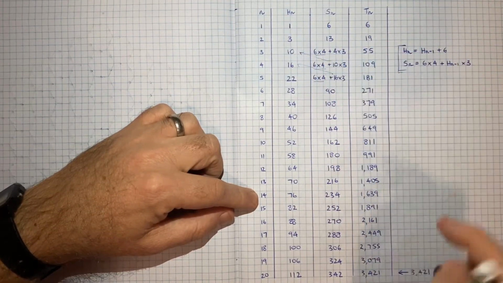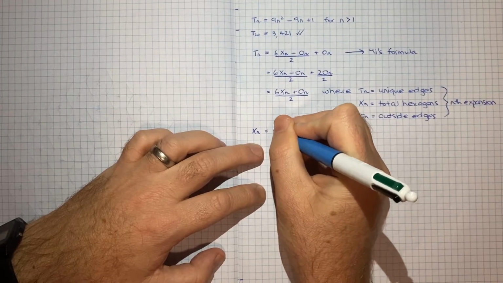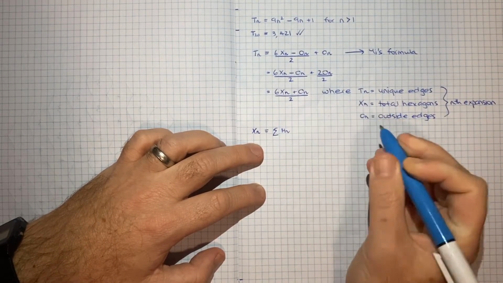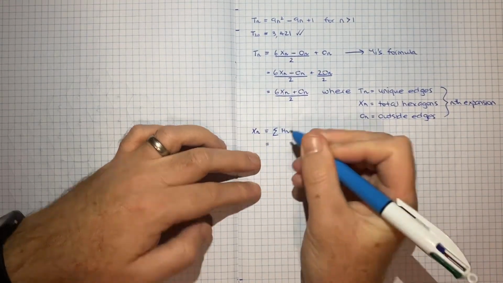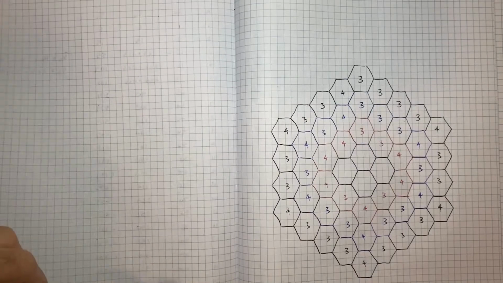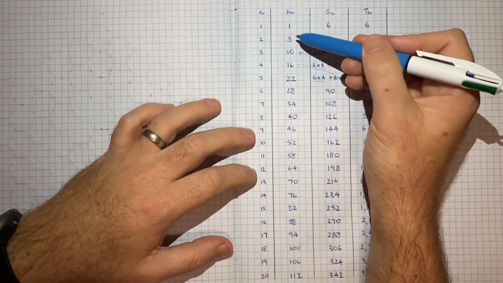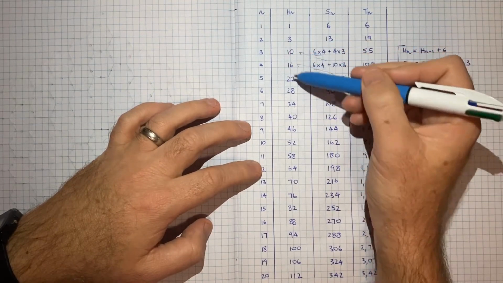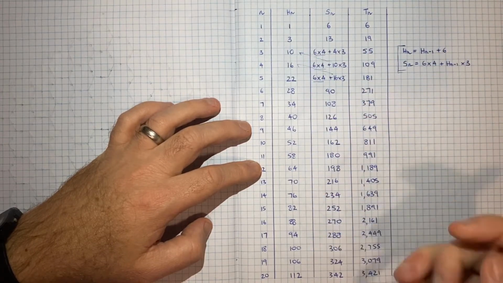So really, we can start by saying the total hexagons is the sum of the new hexagons at each expansion, Hn. If I write that out, we can see from the table of my other approach, we get 1 and then 3, and then we get 10, 16, 22, and so on. And from this third expansion onwards, it's always increasing by 6.